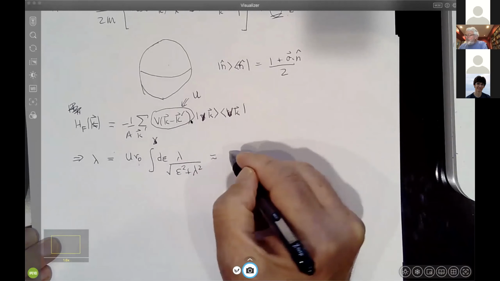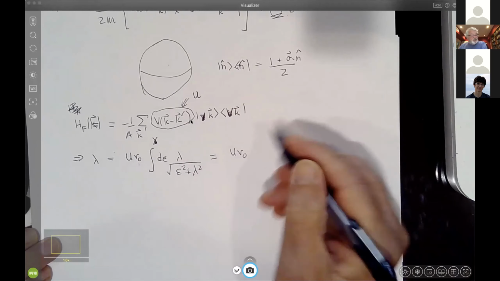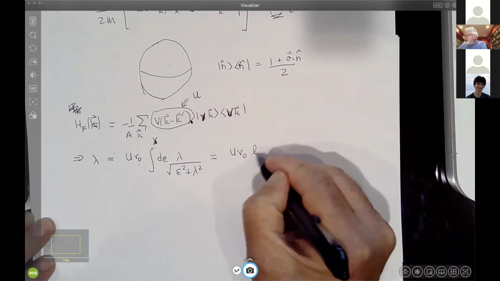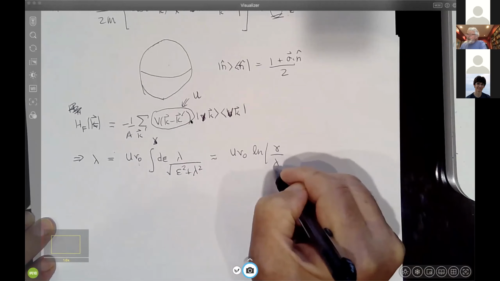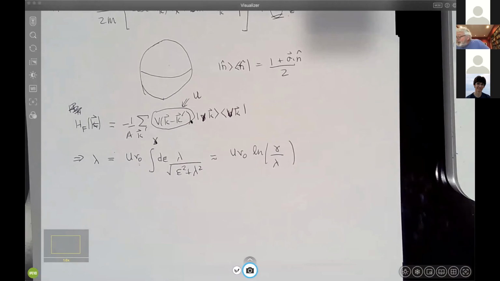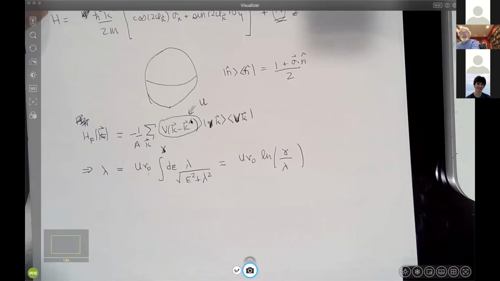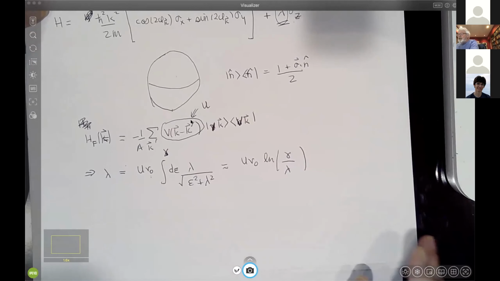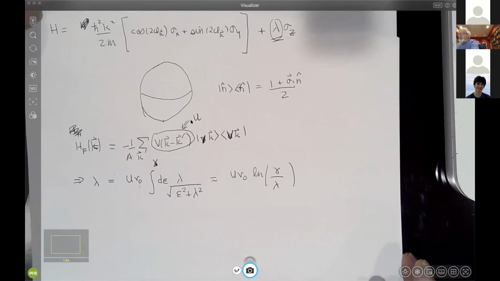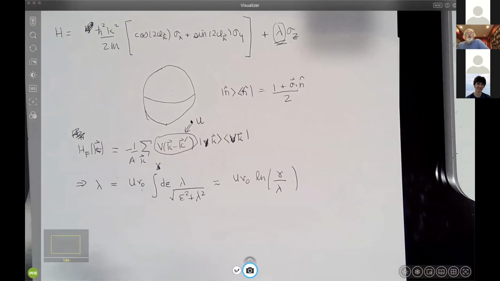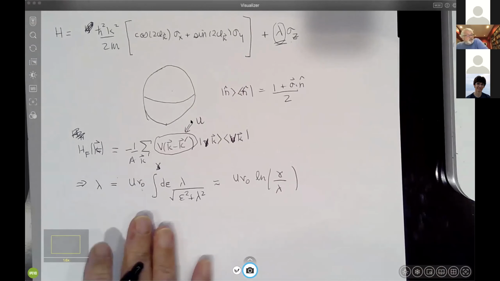So this looks exactly, of course, like the gap equation in BCS theory. And so in a mean field theory, you always get broken symmetry states in magic angle twisted bilayer graphene, where you have spontaneous layer polarization.